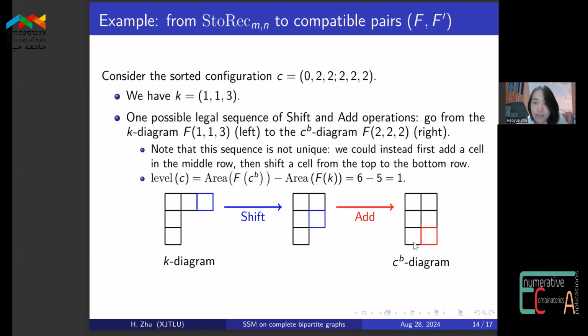We can check: we have 2, 2, 2, which corresponds to the bottom configuration CB. And also we can calculate the level of the configuration C, which is the area of the CB diagram, which is 6, minus the area of the key diagram, which is 5. So we get the result, which is 1.